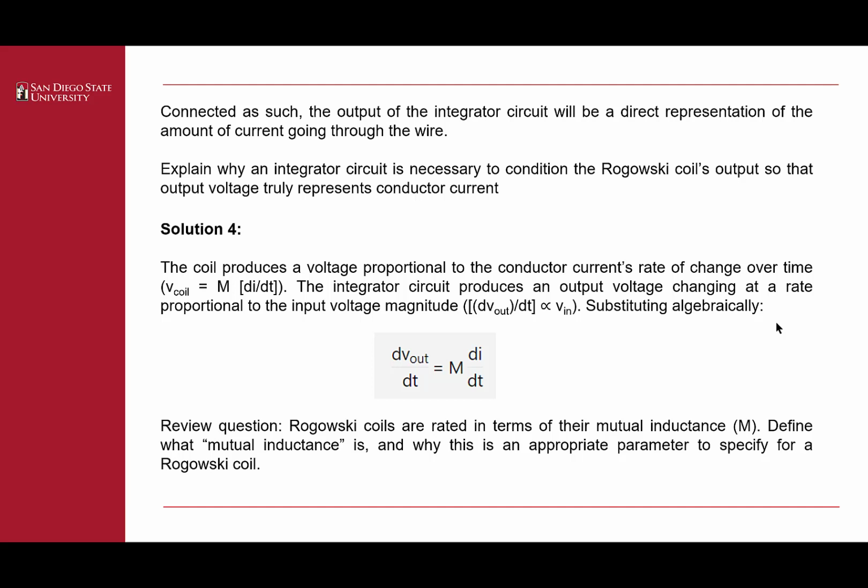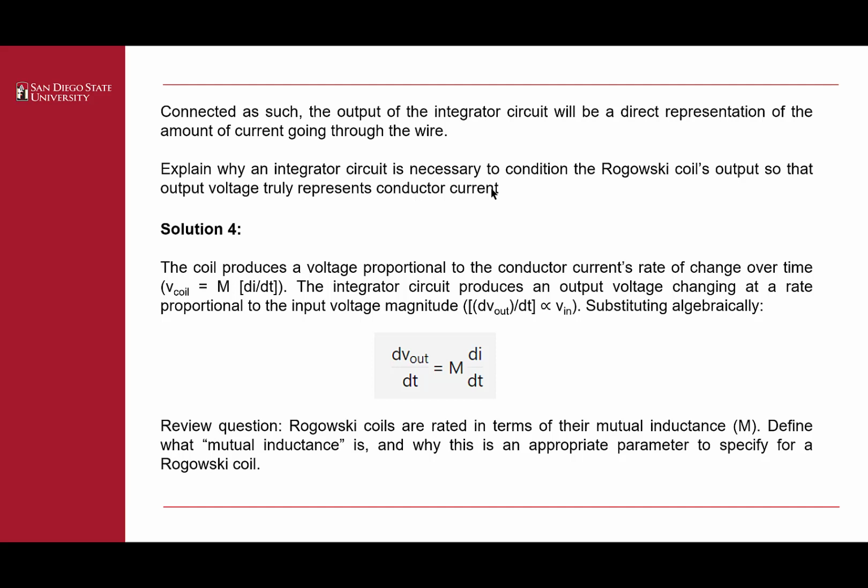And by using algebraic substitution, we will get dV_out/dt equals M times di/dt. dV_out/dt is the time derivative of output voltage, di/dt is the time derivative of the input current, and M is the mutual inductance of the coil. So it's a constant value. You don't have to worry about that.